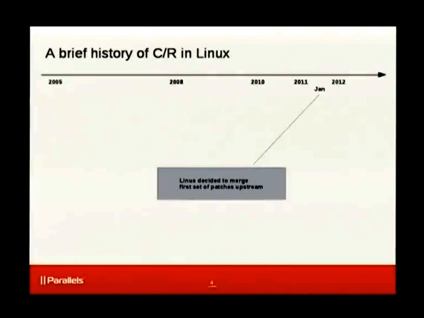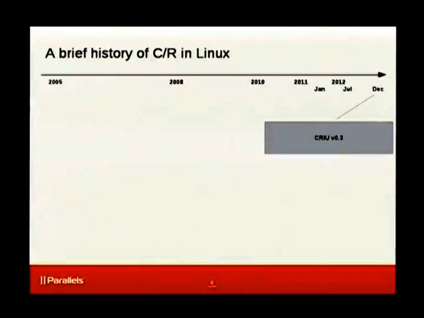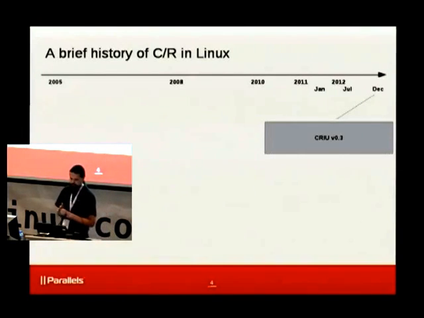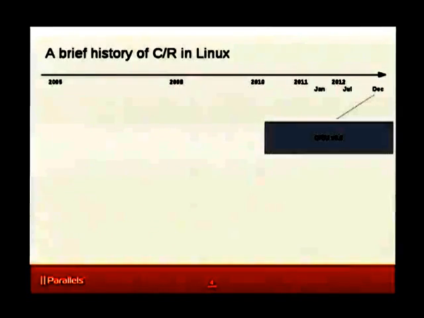We started sending patches and sources of the user space tool, and in the beginning of 2012, Linus decided that the additions we needed in the kernel were worth merging. He merged the code, and it can be treated as the date of the official project start. Soon after that, we released CRIU version 0.1. At the end of last year, we released CRIU version 0.3, and now we're heading to the 0.4 release.